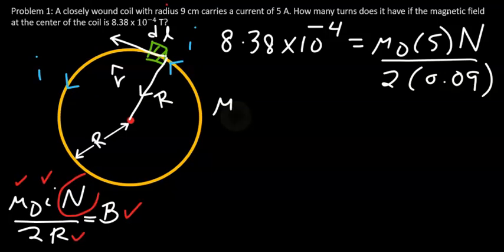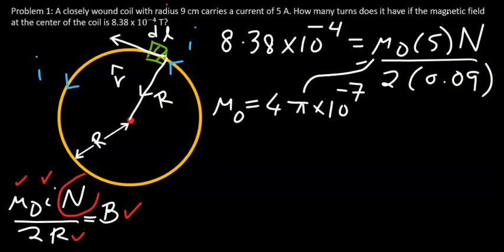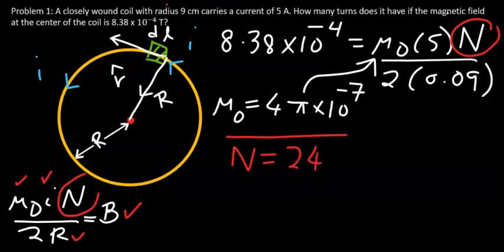Now we also know mu naught is the permeability of a vacuum, and that is given by 4 pi times 10 to the power minus 7 in SI unit. So substituting this into that, we can solve for the number of turns. And if you do that, you get number of turns equals 24. So there are 24 turns within this coil.